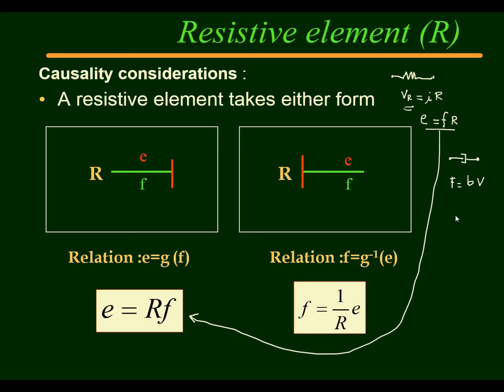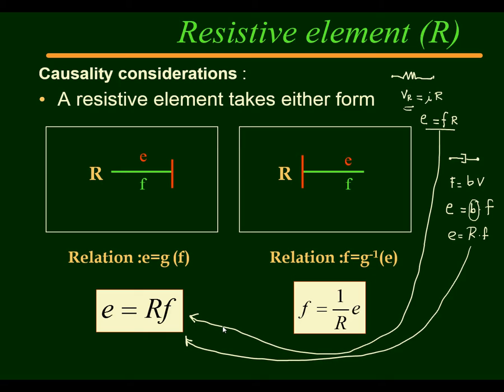And what happens here is that the force is the effort, then B is the constant here, B times the velocity, which is the flow, or this represents the resistive element constant R times F, which is again exactly the same equation. Okay?